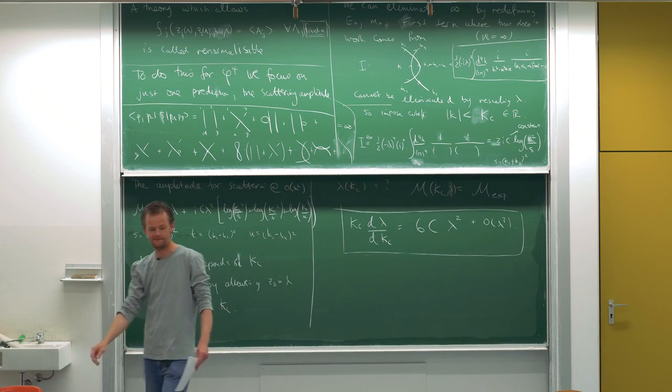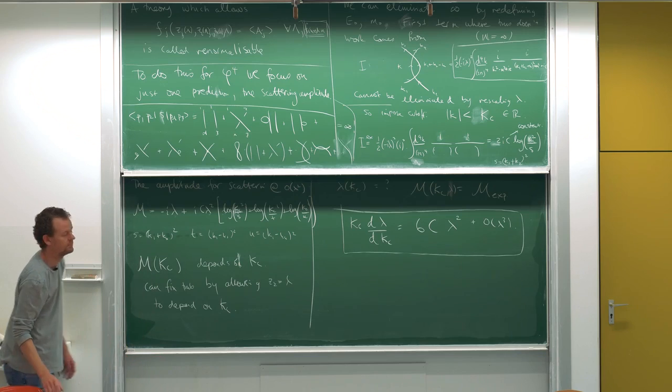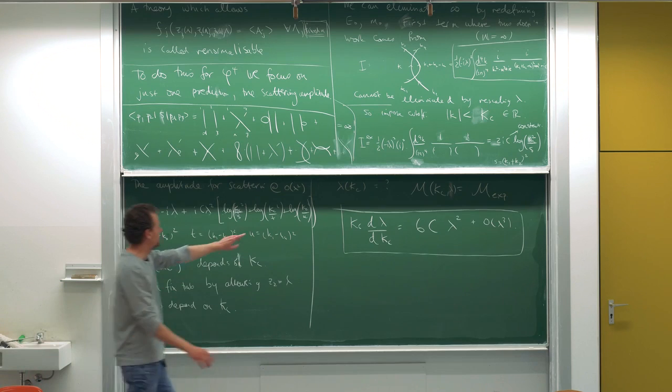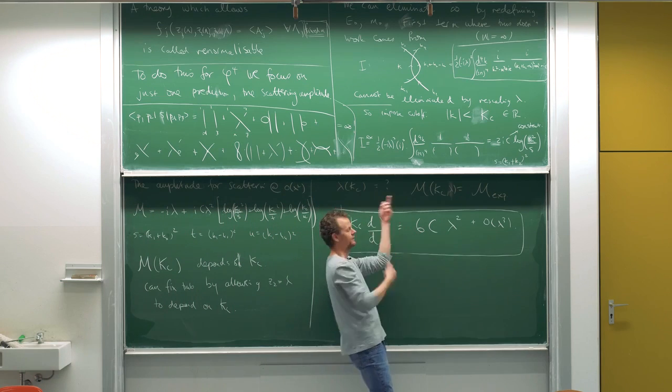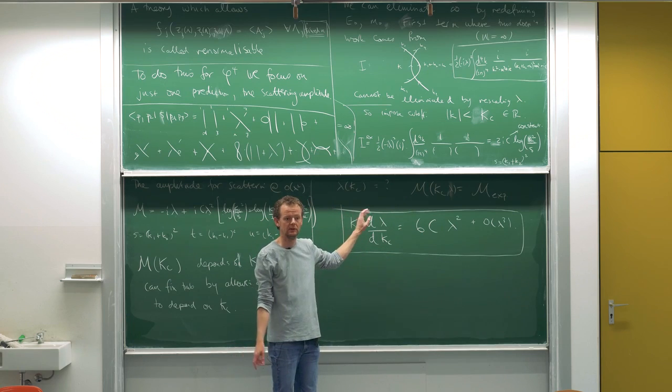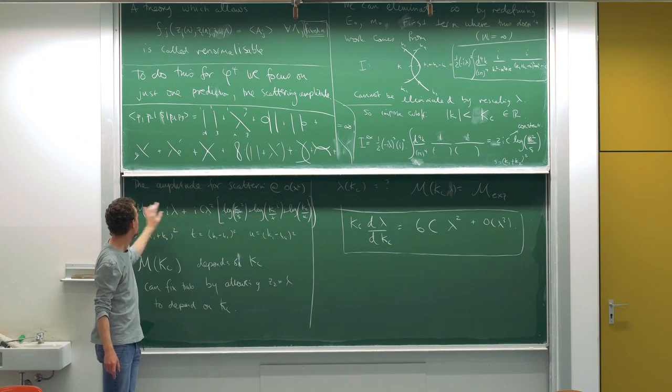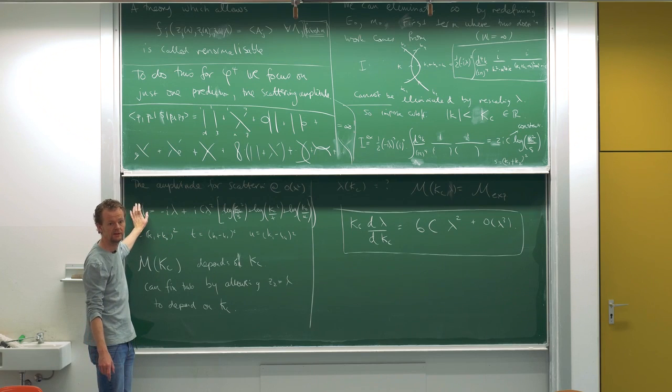We can actually do it. So as long as lambda depends on K_C in a way that solves this differential equation here, then it's possible to adjust lambda to always be matching the experimental value for the scattering amplitude.